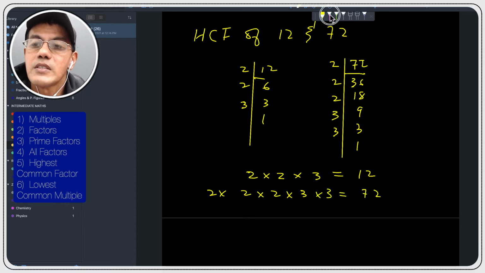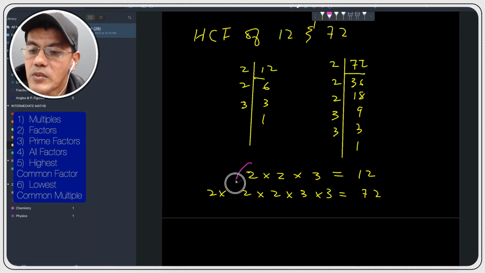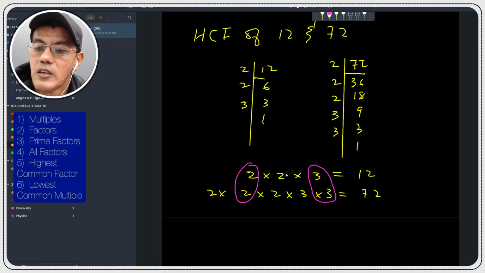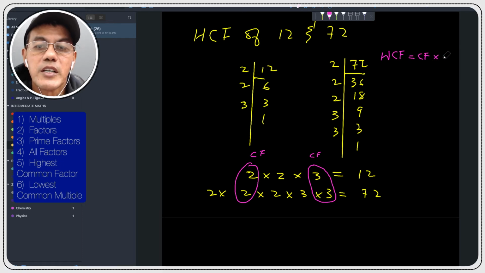And notice what happens here. You got a common factor here, and you got a common factor here. So notice, this is a common factor, this is a common factor. So the highest common factor is equal to common factor multiplied by common factor.